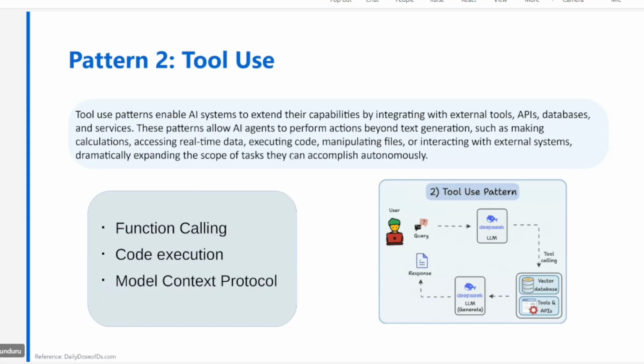Tool use. One of the patterns in an agent is using tools. So how can the tools be used? The agent has to interact with a tool. In how many ways can it interact?